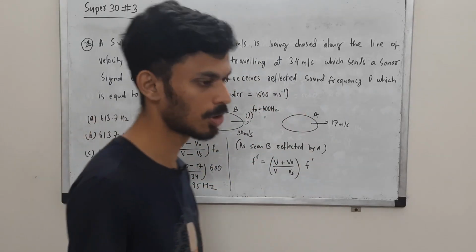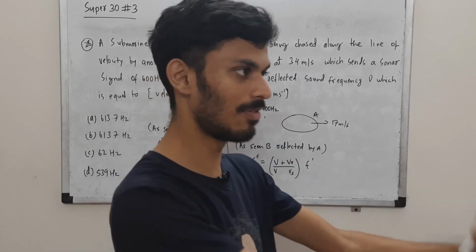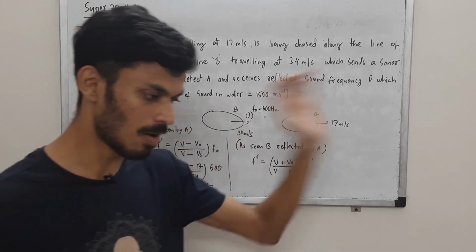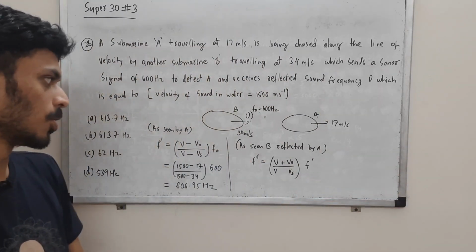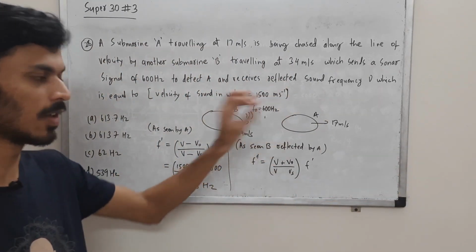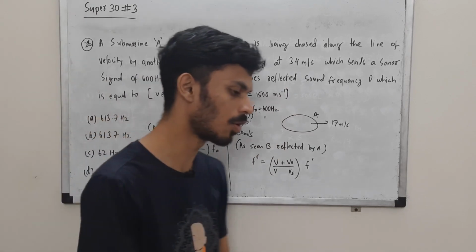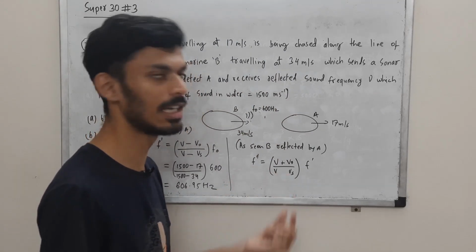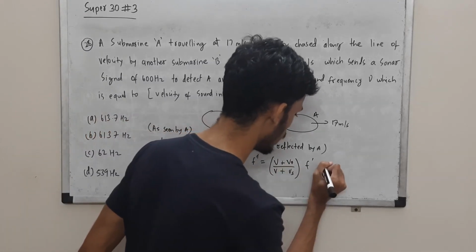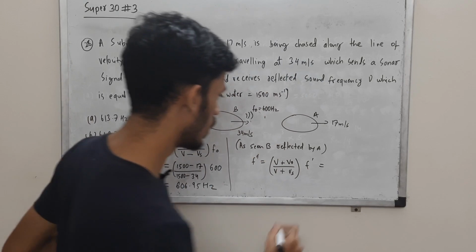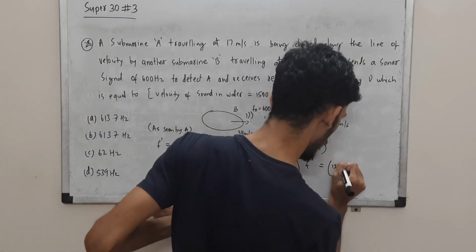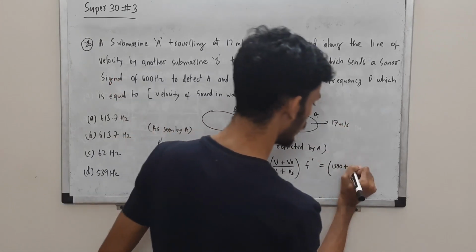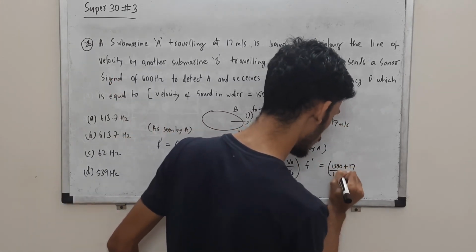Similarly, what is the source doing? The source is moving away from the observer. Observer is B, source is A. So it is trying to decrease the frequency, which means increasing the denominator. So again, 1500 plus v_o, the observer. Be very careful while substituting also.